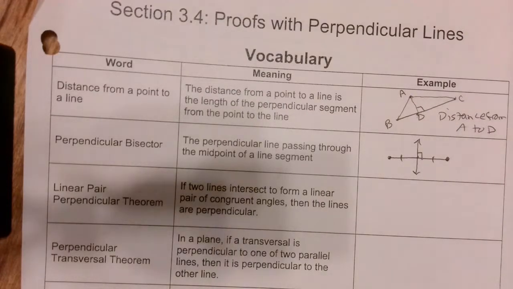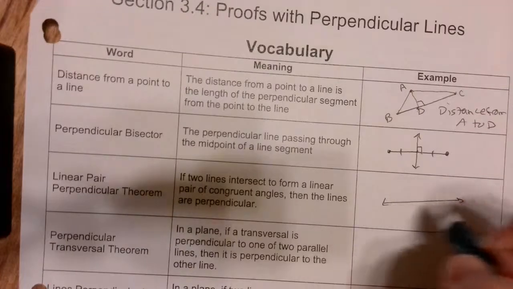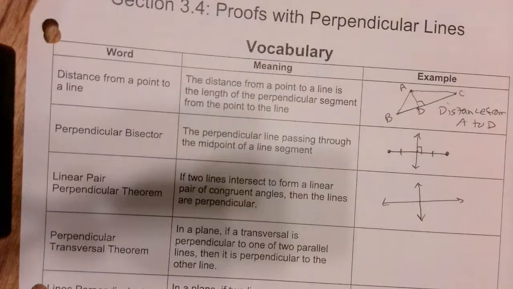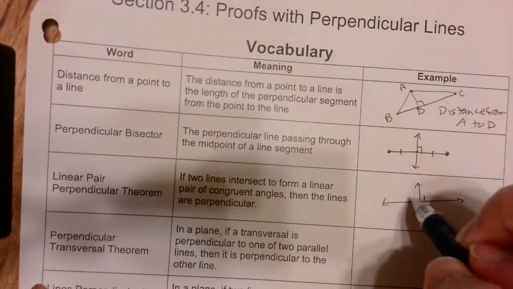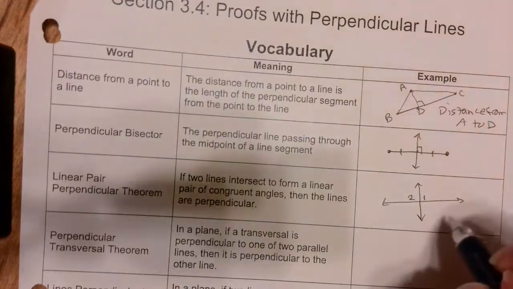The next one: if two lines intersect to form a linear pair of congruent angles, then the lines are perpendicular. So let's say we have two lines, and angle 1 and angle 2 are congruent.